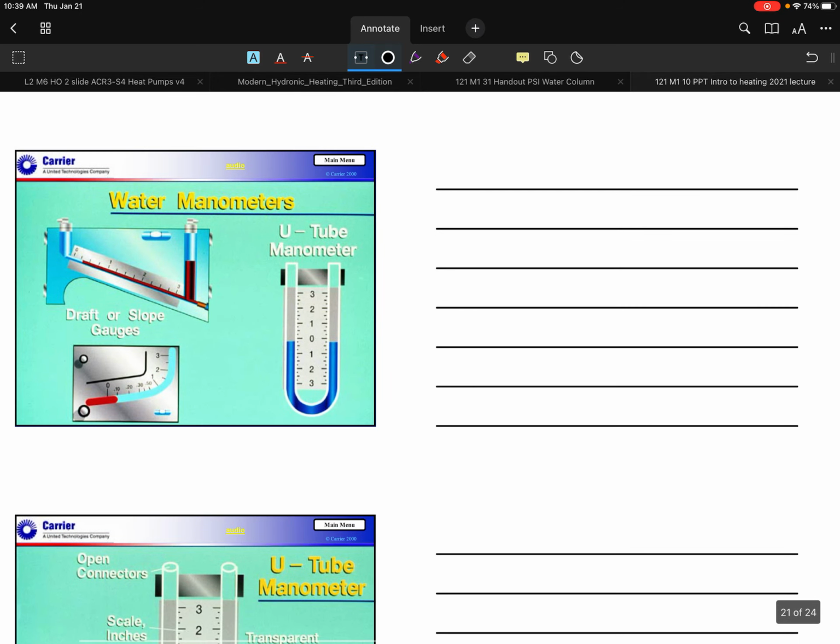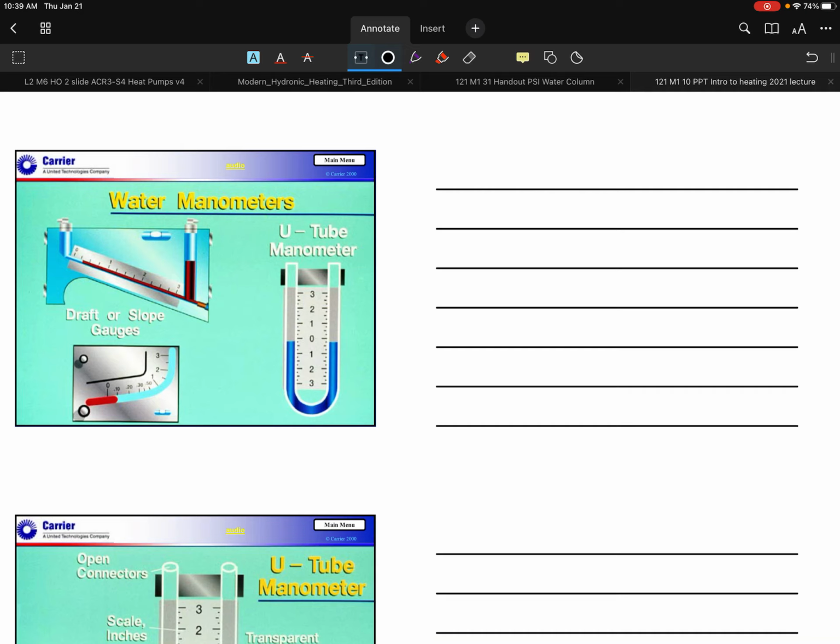In the next slide, I'm showing water manometers: the U-tube, and the draft or slope gauges, what I call an incline manometer. They all have their purpose.